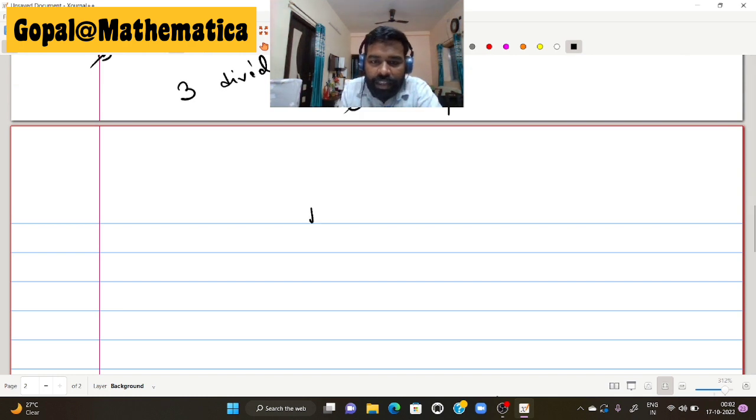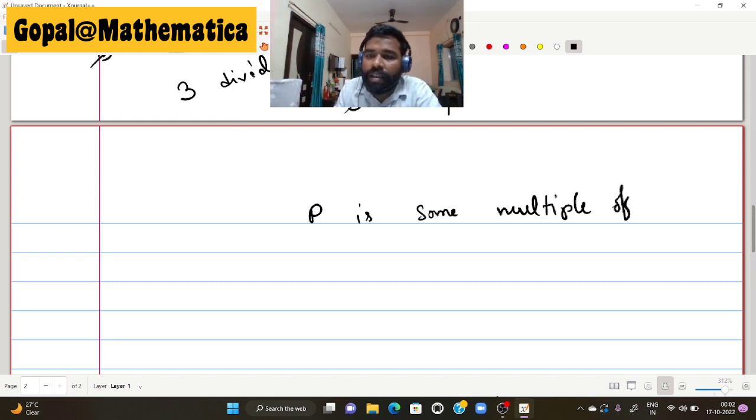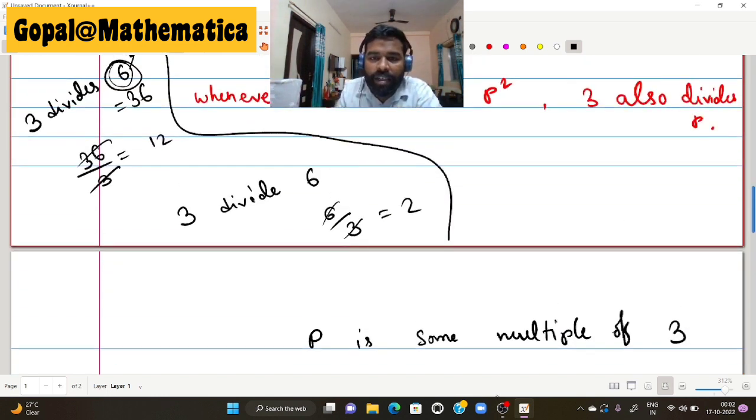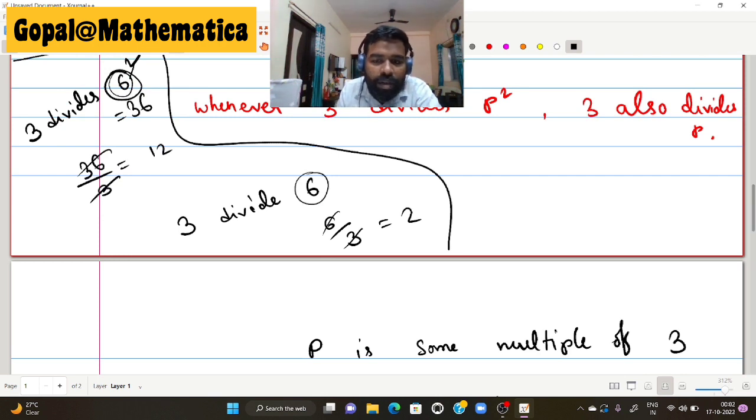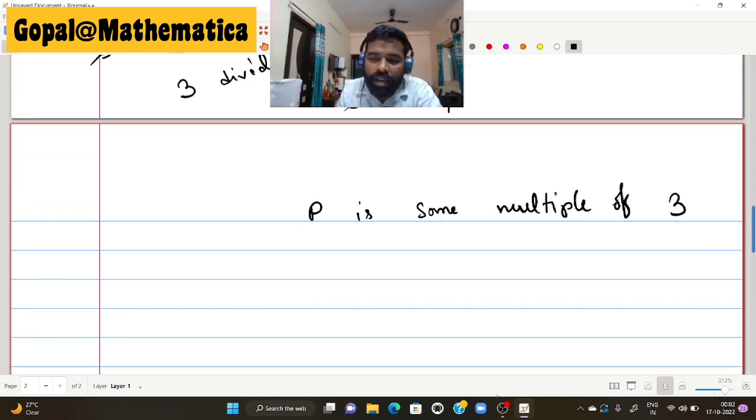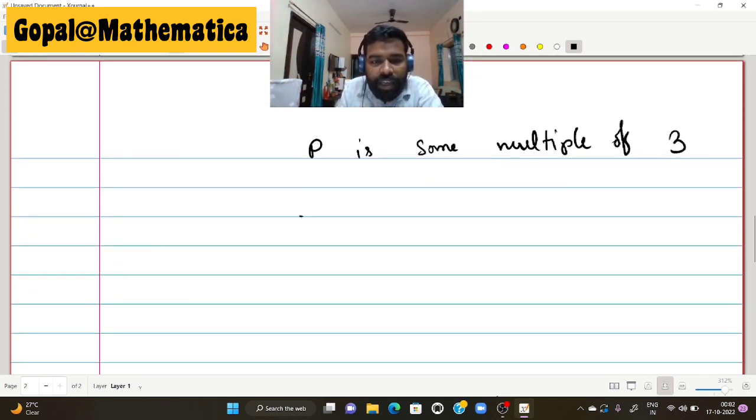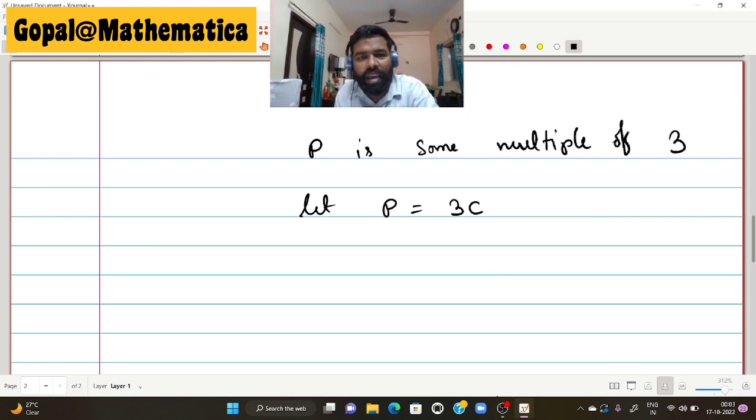This means that p is some multiple of 3, isn't it? This 6 was a multiple of 3, and 6 square, that is 36, is also a multiple of 3. Therefore I can take, let p be equal to 3c, or you can take 3k, whatever letter you like.